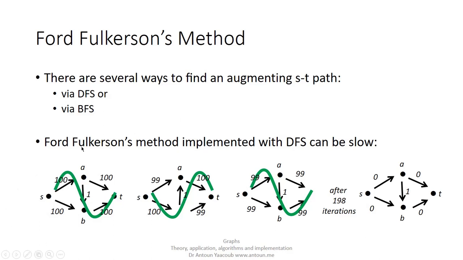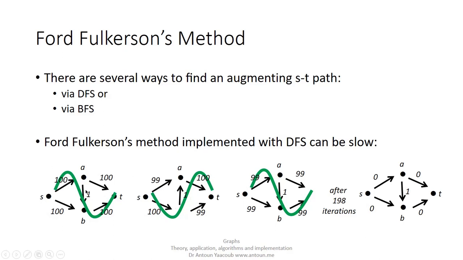I have this network from S to T, and each time I'm using DFS to find an augmenting path. If I'm doing just DFS, let's forget about the maximum flow, the path is S A B T. So this is the first augmenting path, and then this is the second augmenting path.